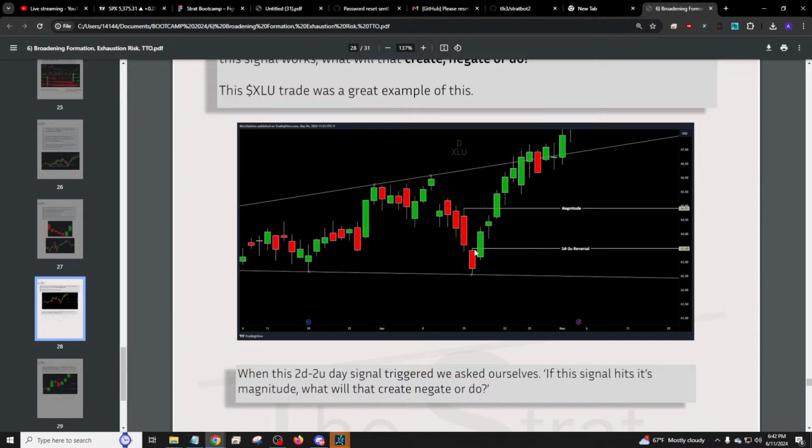But what we don't have is an actionable signal. It's just a reversal. So the reason there's a difference there is actionable signals are something we can look for after the day has closed to expect price movement. When this is a 2-down day into exhaustion risk, we can't expect price movement because it is not actionable.